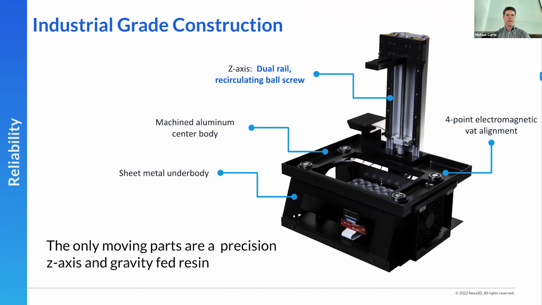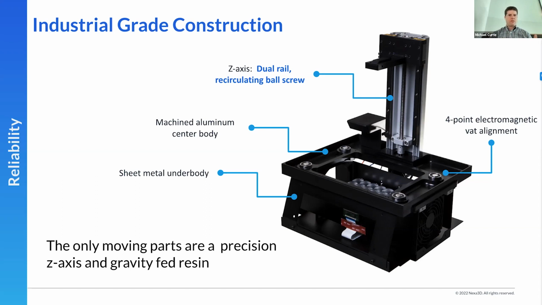So in our system, we've removed the mirroring systems, we've removed some of the solid state mirrors, and now the entire light engine is almost passive. The only thing that's moving is electrons, basically, and photons. And the only true moving part is the Z-axis, which we put a lot of emphasis into.